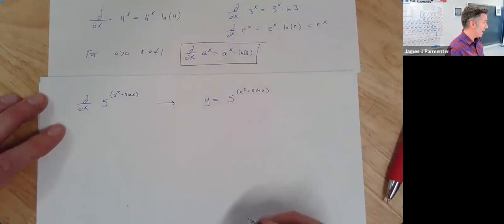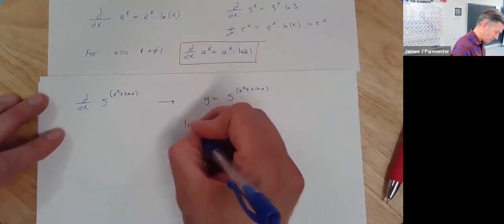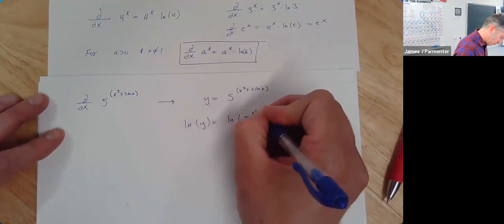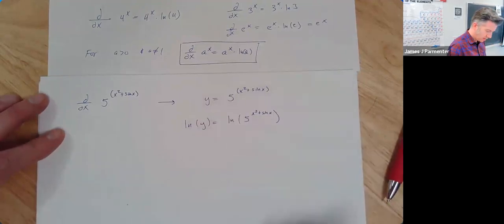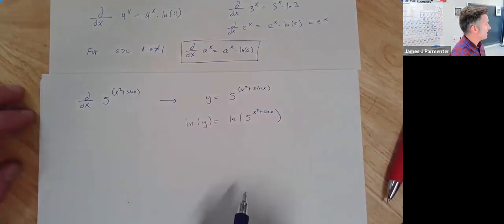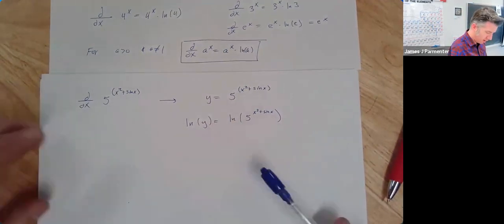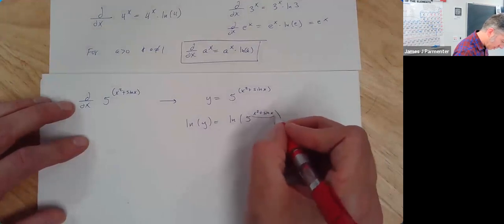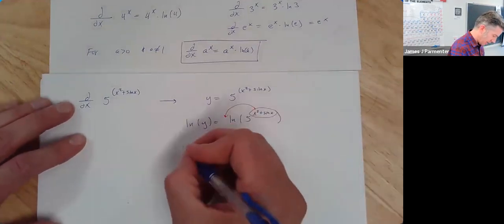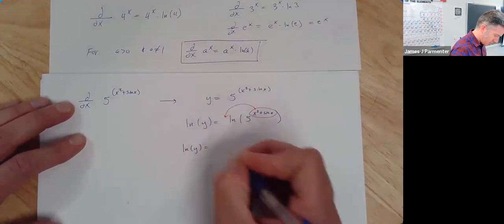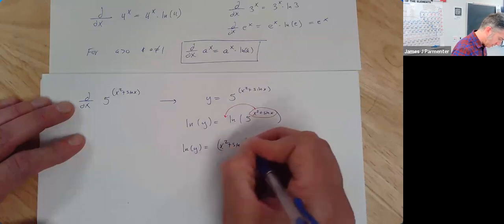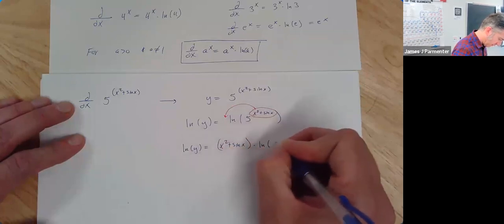And then I'm going to take the natural log of both sides. And then I'm going to bring the power down before I do anything else. That's why we take natural log, because we want this thing that's an exponent to not be an exponent anymore. So we're going to get the natural log of y equal to x squared plus sine of x times the natural log of 5.